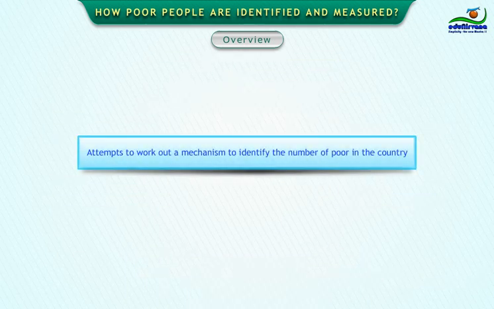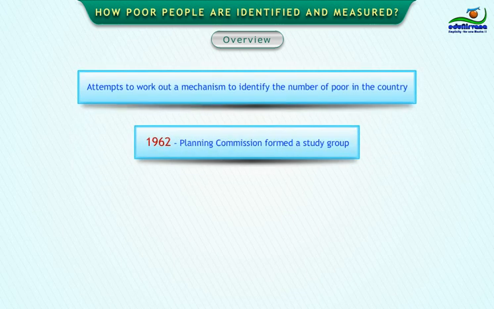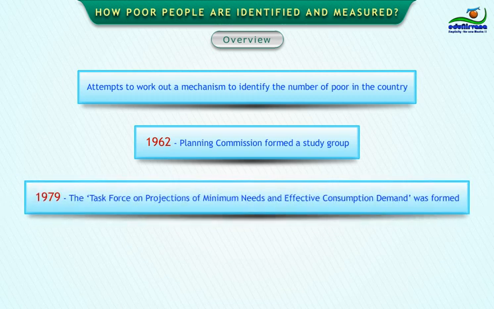In the post-independence era, there have been several attempts to work out a mechanism to identify the number of poor in the country. In 1962, the Planning Commission formed a study group. In 1979, another body called the Task Force on Projections of Minimum Needs and Effective Consumption Demand was formed.